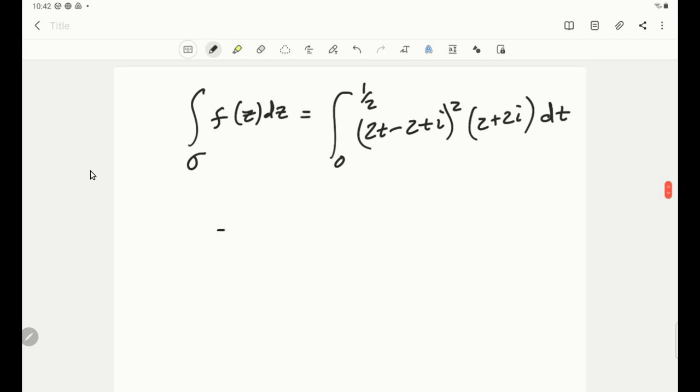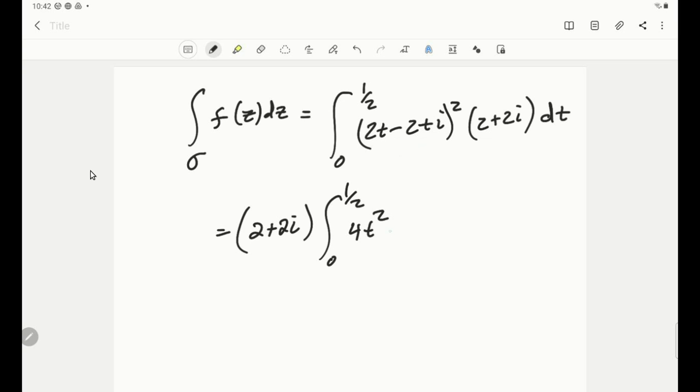So this is equal to 2 plus 2i all times the integral from 0 to 1/2 of this thing in here. So we square it again, so we have 4t squared.